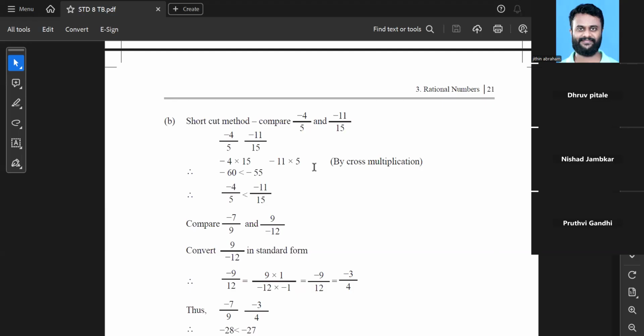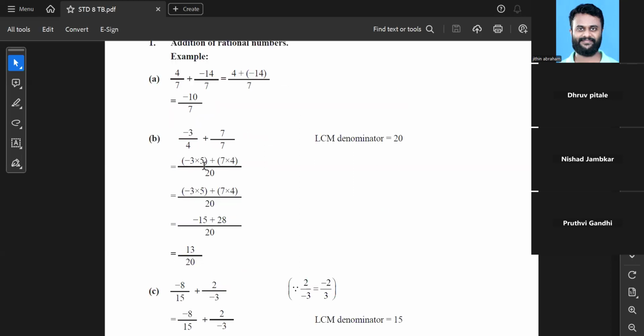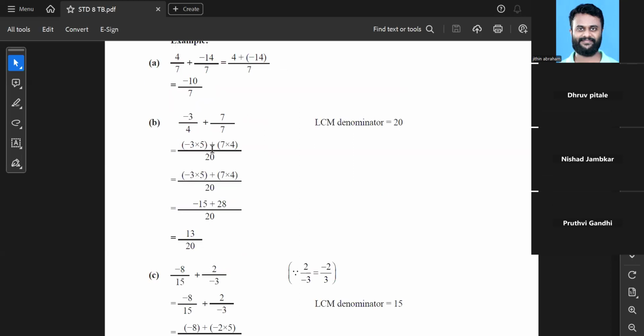And operations on rational numbers: addition is just like normal fraction addition. There is a plus sign in between. If there is a negative sign, you can combine them, and plus and minus becomes minus. 4 minus 14 gives you minus 10. If the denominators are the same, then there is no problem.